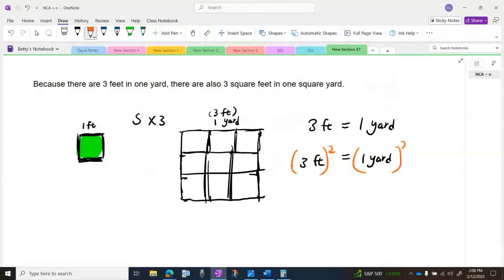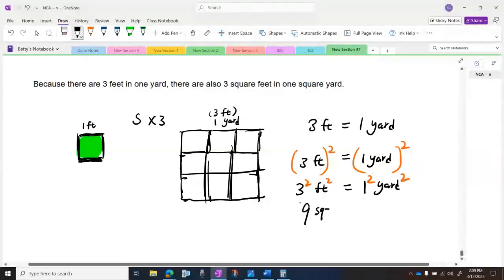Square both sides, and use the power of a product, similar to that. So 3 squared and feet squared on the left side. On the right side, 1 squared and yard squared. So the square goes on the number and also the unit, right? That gives us 3 times 3, 3 squared, 9.